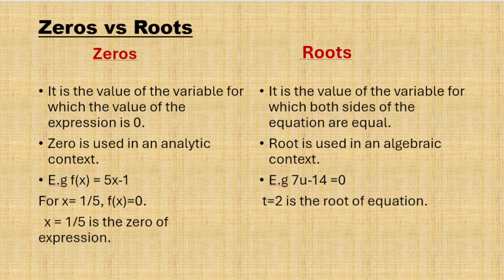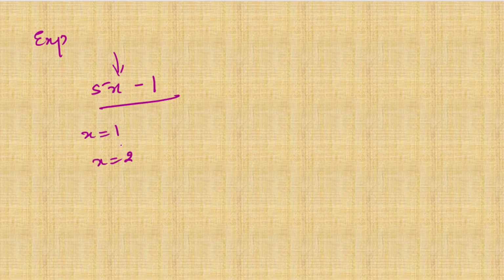Now, when we are going to find the value of an expression, say you have the expression 5x minus 1, and we put different values of x in the expression, like x equals 1, x equals 2, some numerical values, positive, negative, or fractional, by the hit and trial method, we find the different values of this expression.